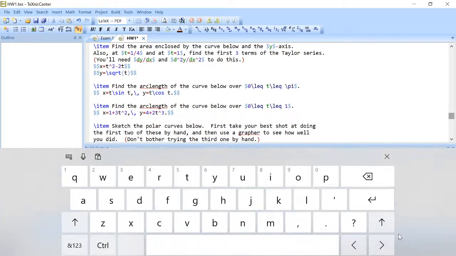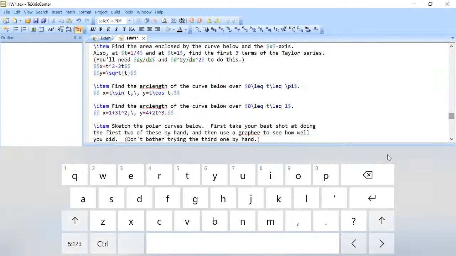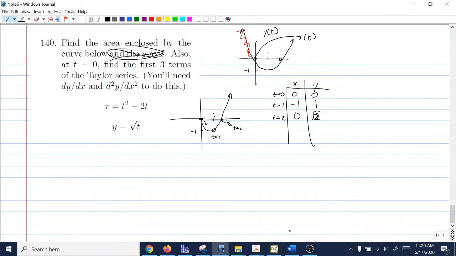That didn't fix anything. Cool. That area will be the integral from t equals 0 to 2 of y dx.